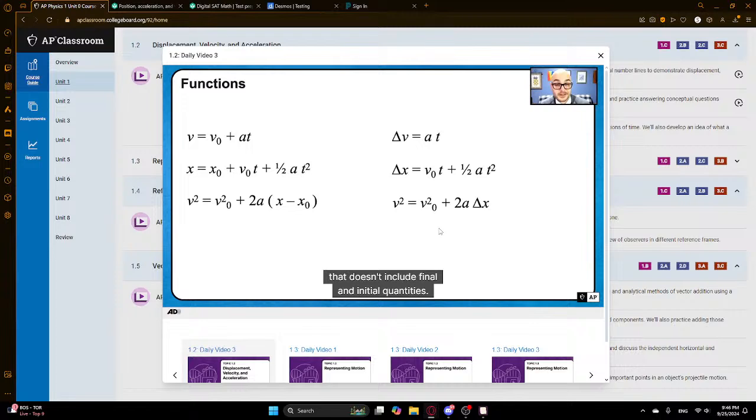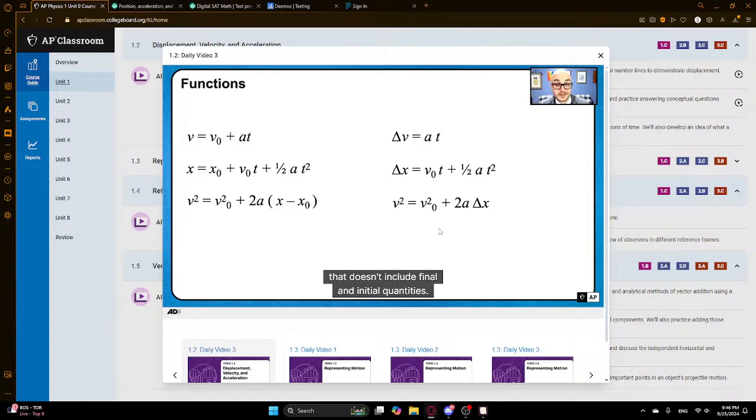Velocity is initial velocity plus acceleration times time. It's the same thing as change in velocity is acceleration times time. Position is initial position plus initial velocity times time plus half of acceleration times time squared.